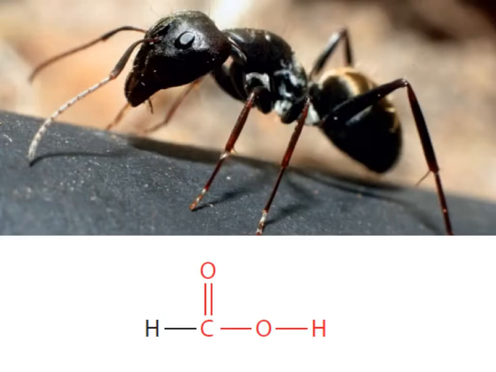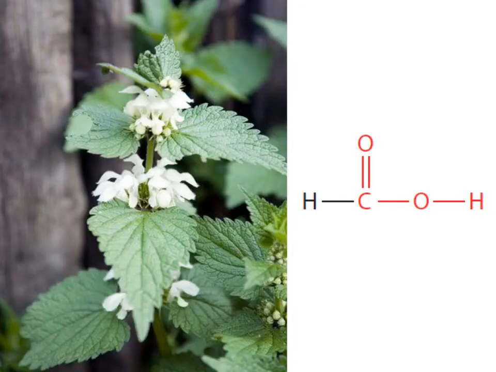And in ant bites, there is methanoic acid. The old-fashioned name was formic acid, and that formic part came from the Latin for ants. So formic acid, or sorry, methanoic acid, I should use the correct IUPAC name. Methanoic acid is in the bites of ants, and also in the sting of nettles.